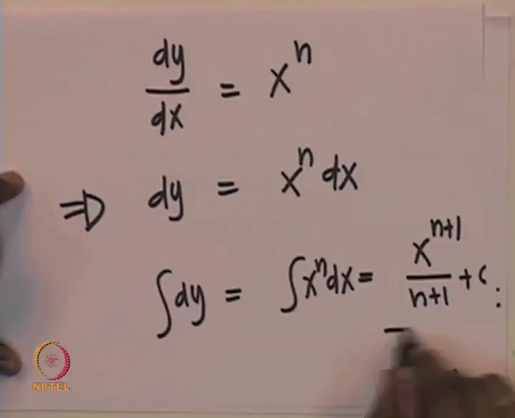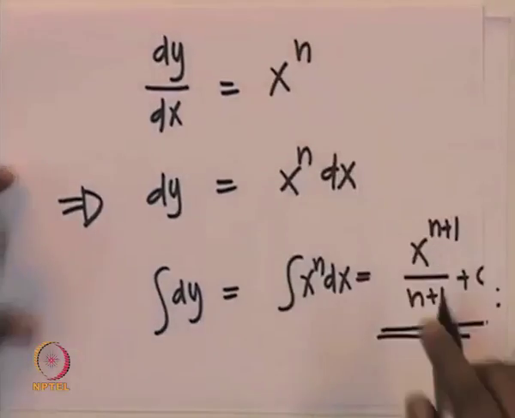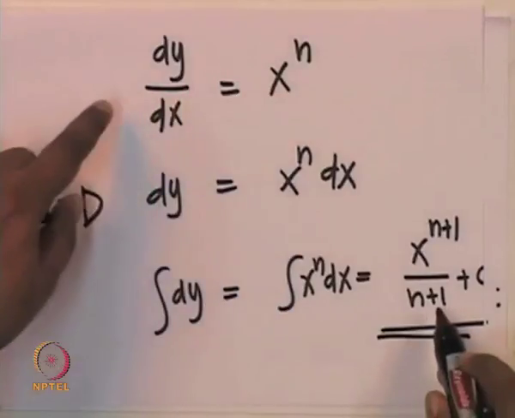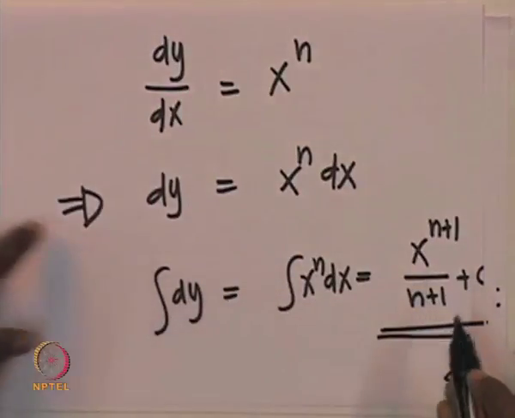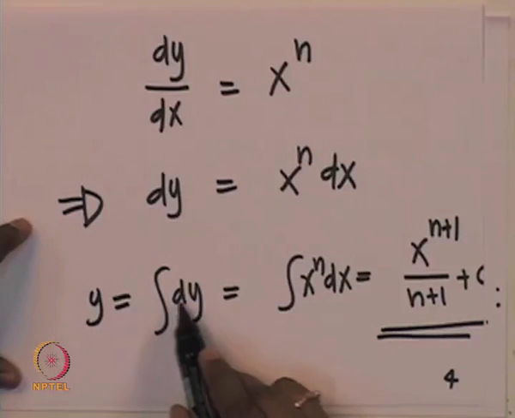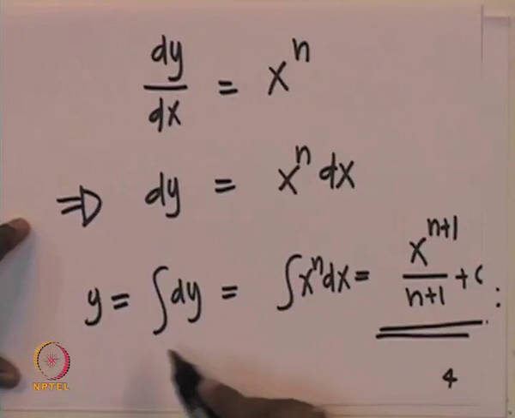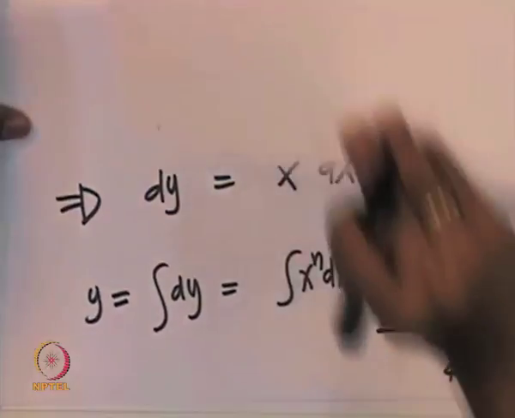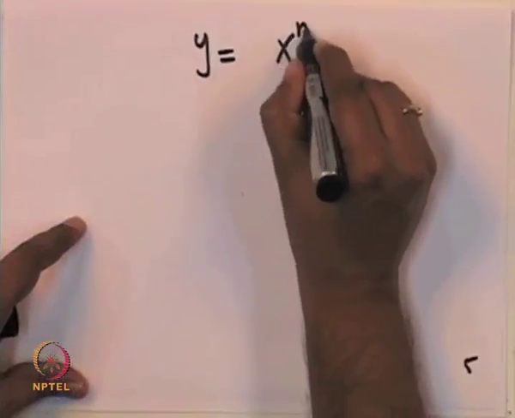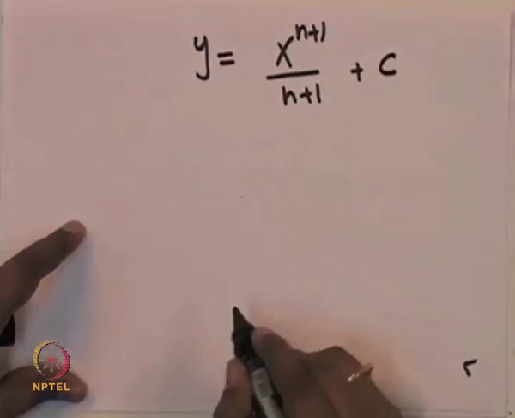So, now let us find the derivative of this. To get y, we integrate dy, and what you get is y, which is nothing but this. So, we found that y is equal to x power n plus 1 by n plus 1 plus a constant c.